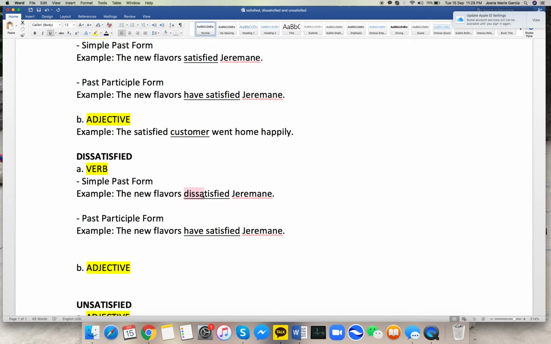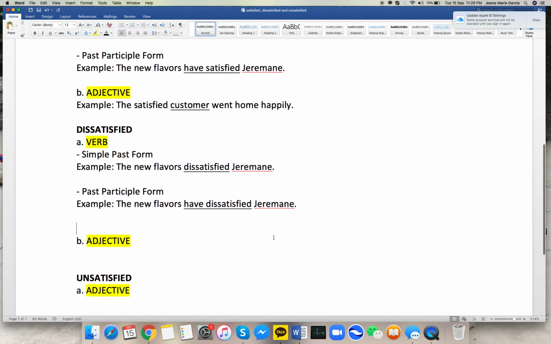It means Jermaine was not pleased or was not happy with the new flavors. And the same thing, the new flavors have dissatisfied Jermaine. Or you can actually just say didn't satisfy or haven't satisfied Jermaine.